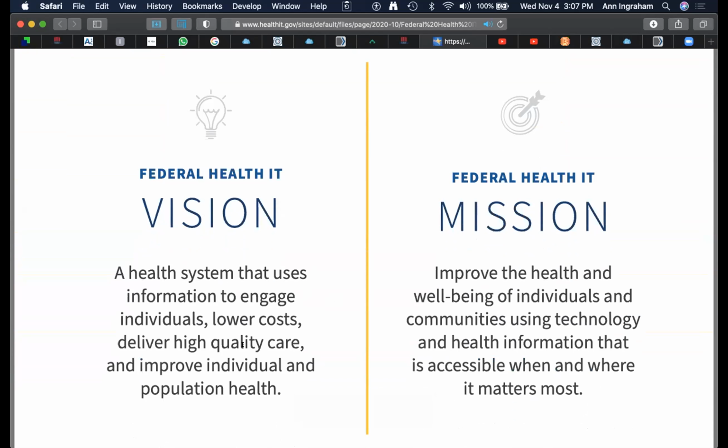And those outcomes. And then the mission for the Federal Health IT for the nation is to improve the health and well-being of individuals and communities using technology and health information that is accessible when and where it most matters. Exactly what we talked about the last time I was with you.